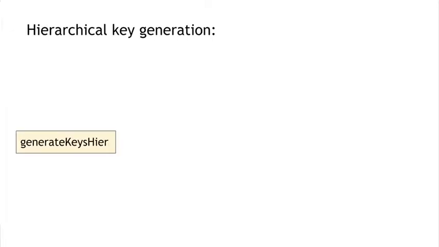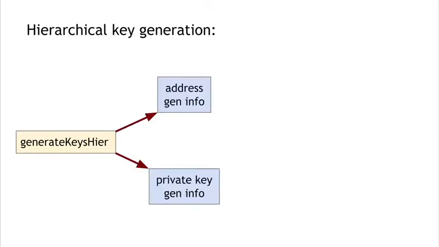But with hierarchical key generation, we do things a little bit differently. Rather than just doing generate keys, we do a hierarchical key generation operation. And this generates two things. Rather than an address, it generates what we'll call address generation info. And rather than generating a private key, it generates what we'll call private key generation info. And now we can take this information and generate multiple keys. For example, given the address generation info, we can apply a gen address operation and give it the address generation info and some integer i.